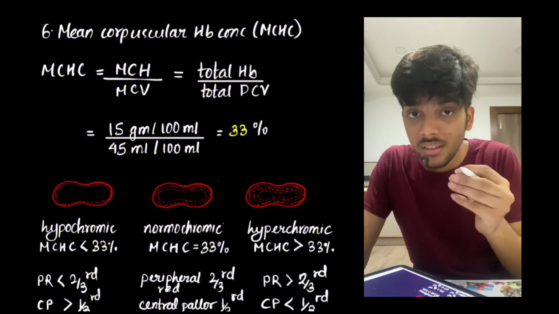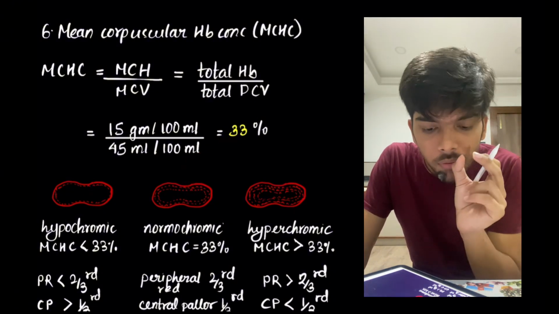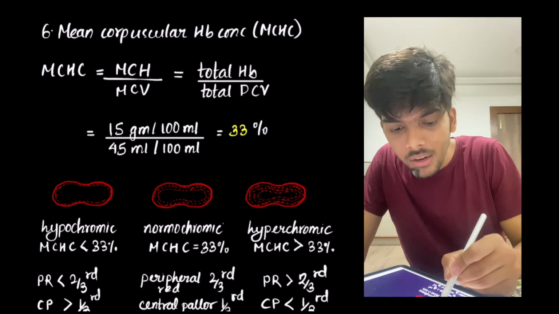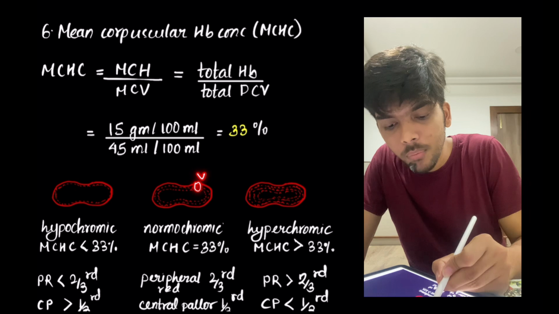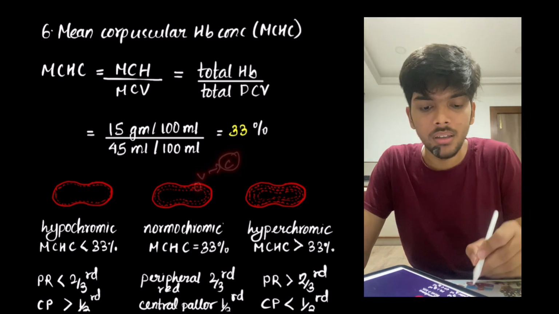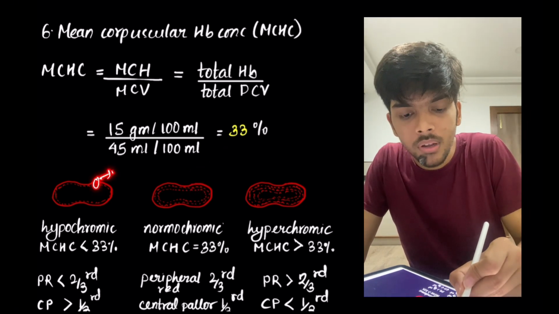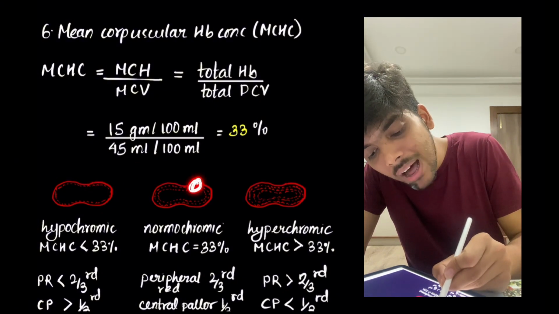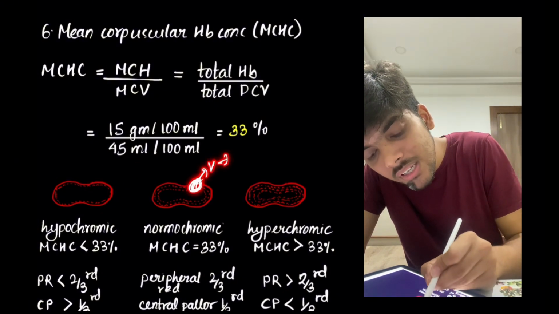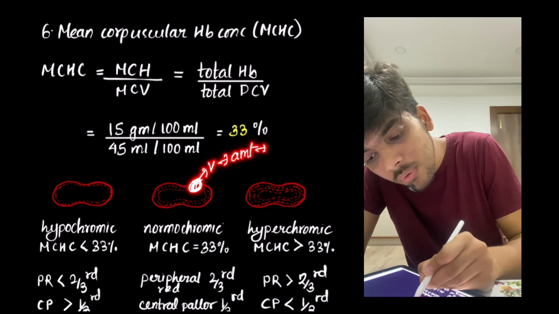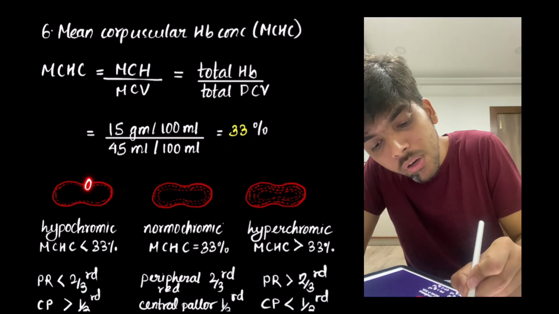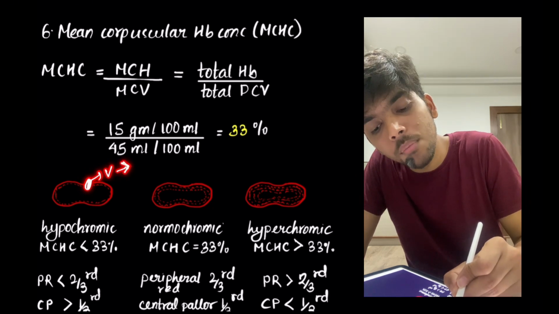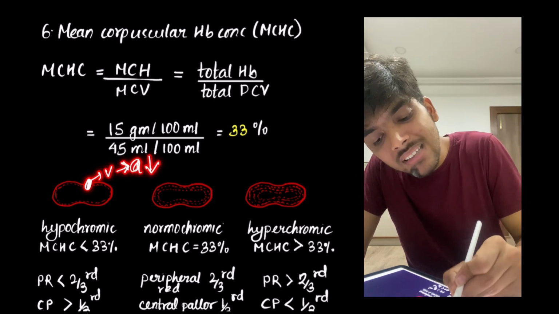Let's say the concentration, that is in per unit volume of the same RBC, the amount of hemoglobin is less. Here in per unit volume, there was a certain concentration C. Now in this per unit volume of RBC, the amount of hemoglobin, let's say A, is less as compared to this.